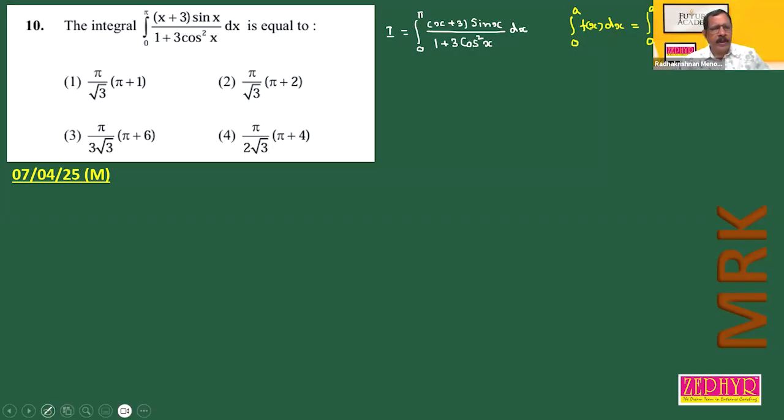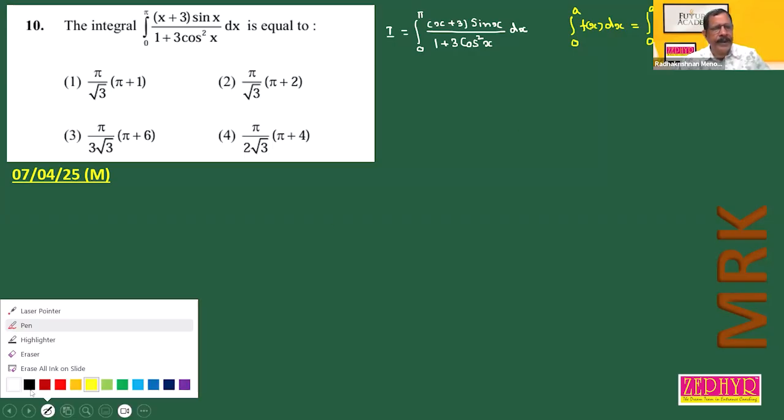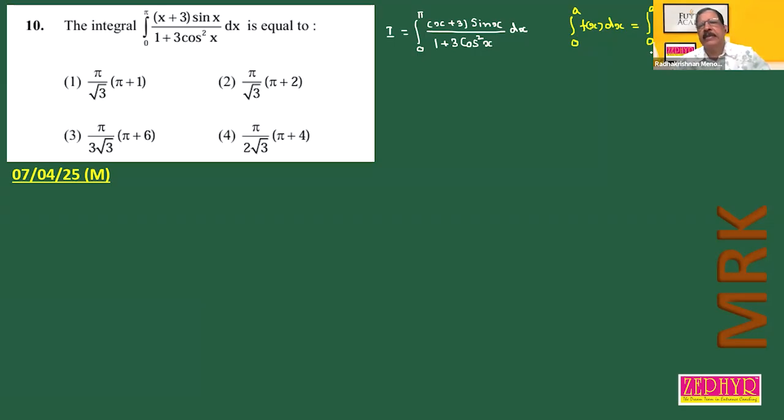Okay. Integral 0 to a f of x dx is integral 0 to a f of a minus x dx. A plus b 0 plus a I എന്ന് മാത്രം. So this is first equation.